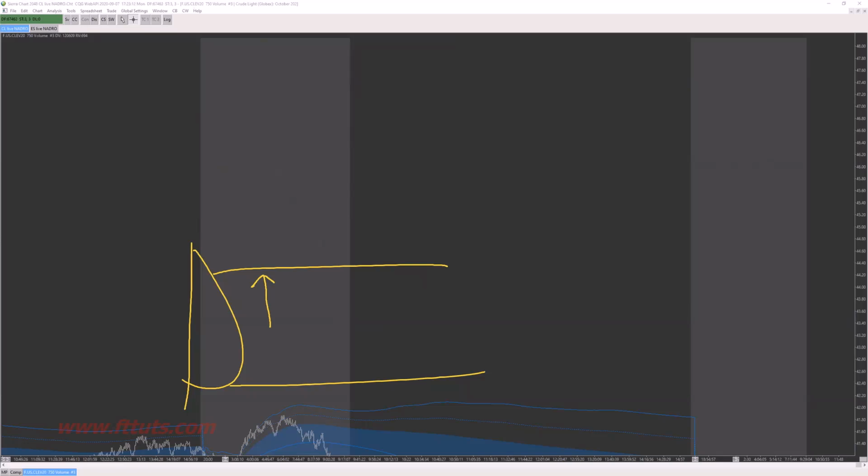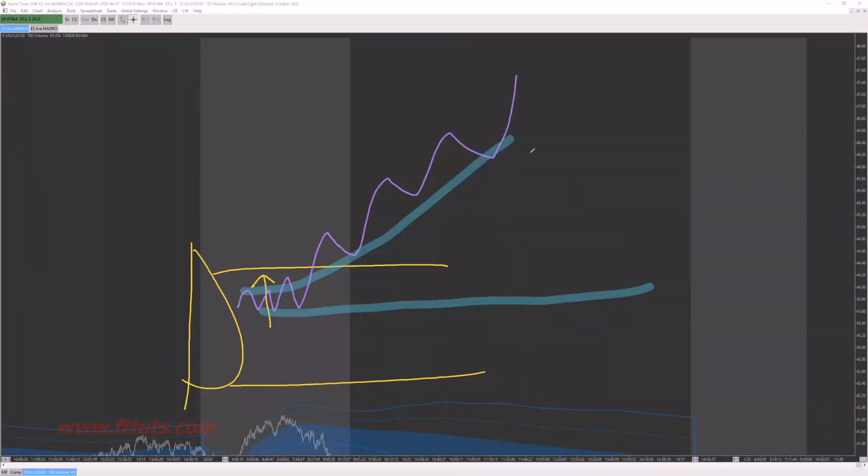And DVA looks like this, and the price action looks like this, right? This is a place to look to get long. This is a place to look to get long. This is a place to look to get long. And these are pretty, you know, picture perfect examples, but this is theory.